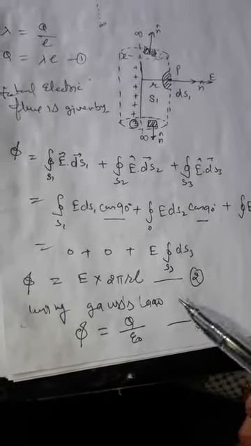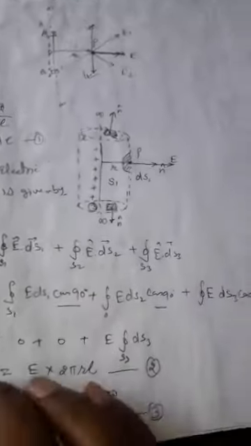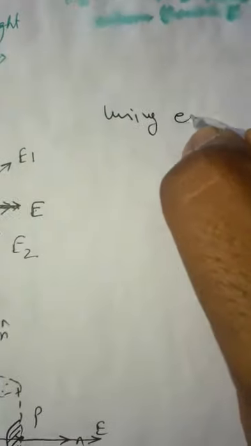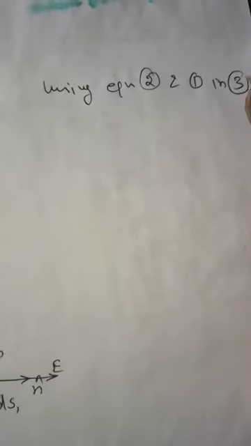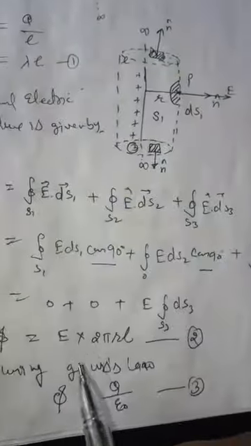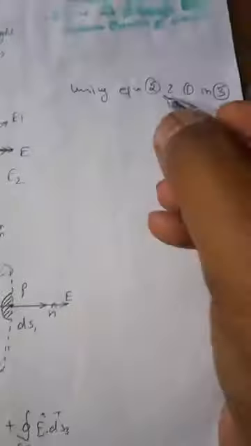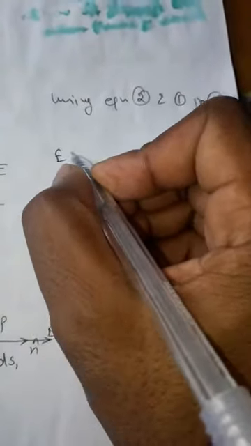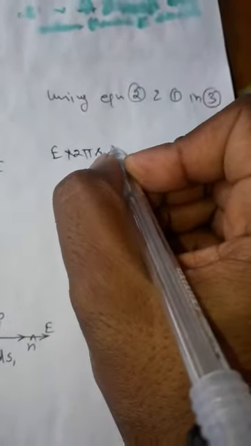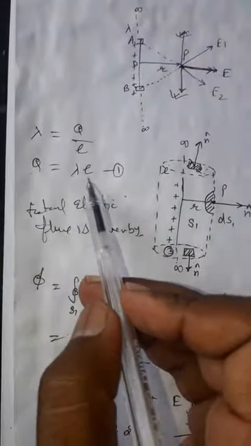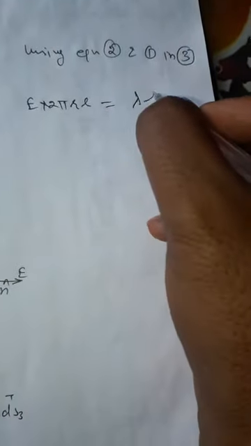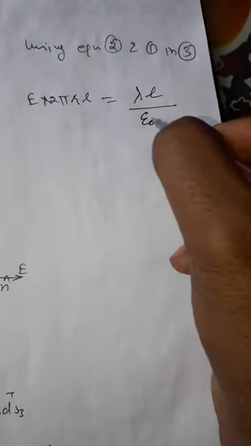Now using equation second and first in equation third, we get, from the second equation, phi must be equal to E into 2 pi r L. So we write E into 2 pi r L, which is equal to Q by epsilon naught. From the first equation, Q must be equal to lambda into L. So we can write lambda into L upon epsilon naught.